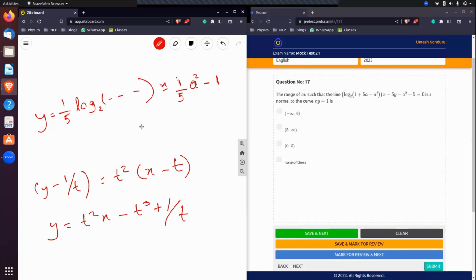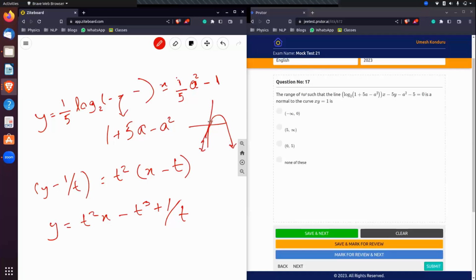One thing you will notice here is the domain of this function, which is 1 plus 5a minus a square. If you plot 1 plus 5a minus a square, it's going to look something of this sort, really sorry for the bad drawing.